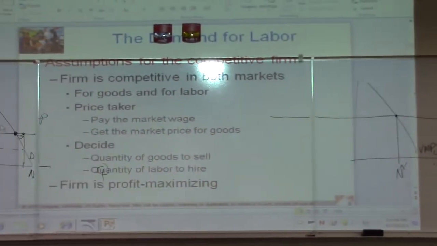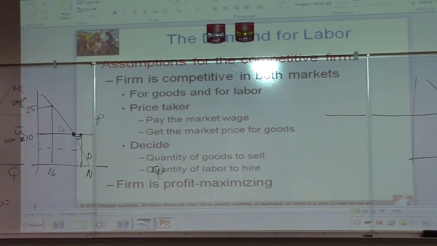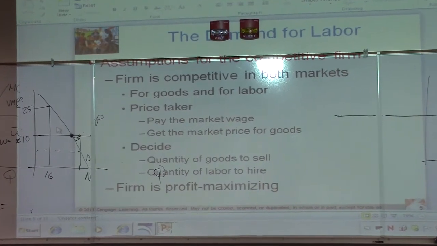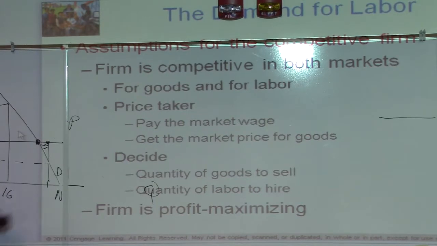Okay? All right, extending this analysis, in other words, repeating what I just said, the firm is a competitive firm in both markets. Both the apple market and the apple picker market are perfectly competitive. Remember what that means, because that's very important. That means at the product market, the apple farmer is a price taker.